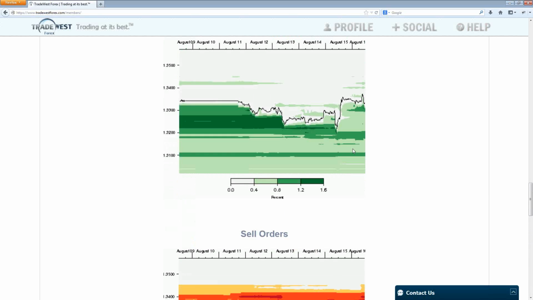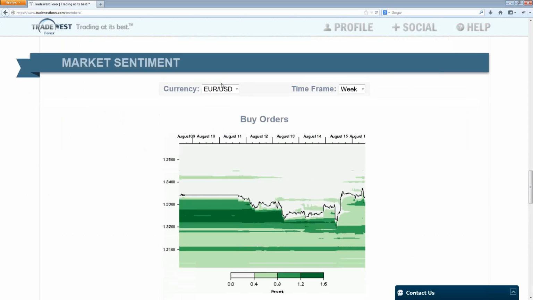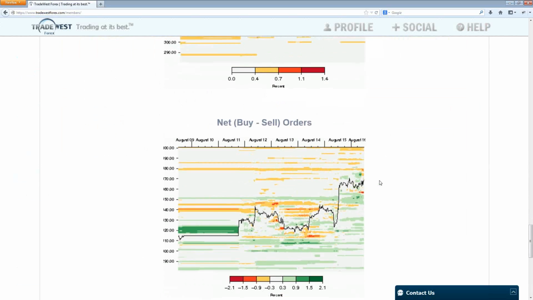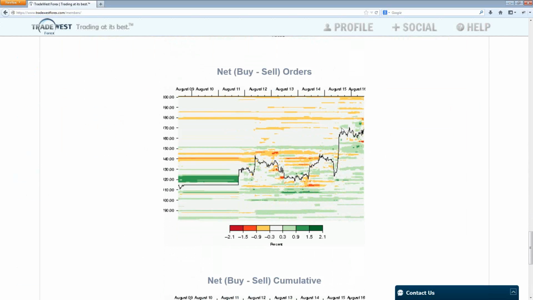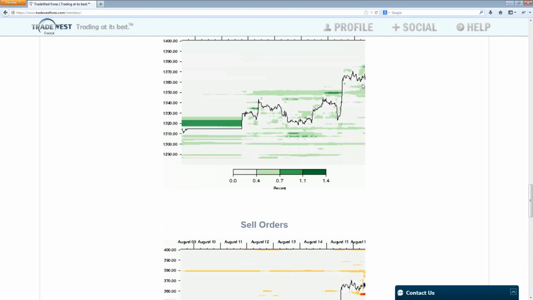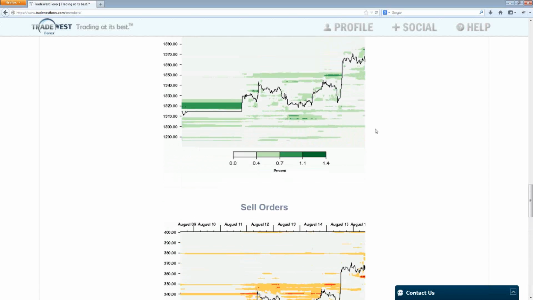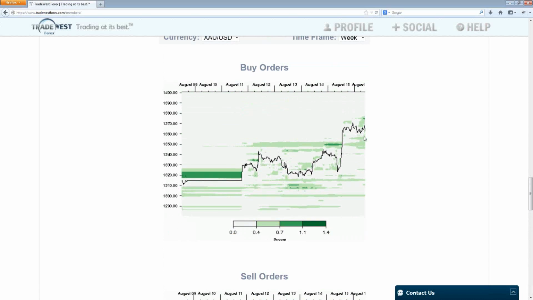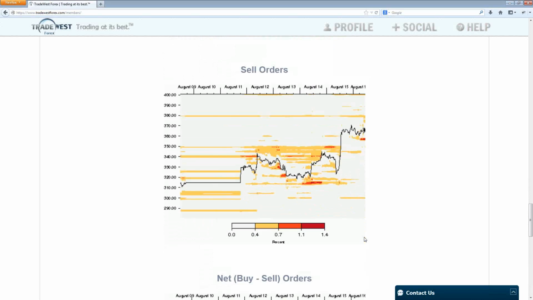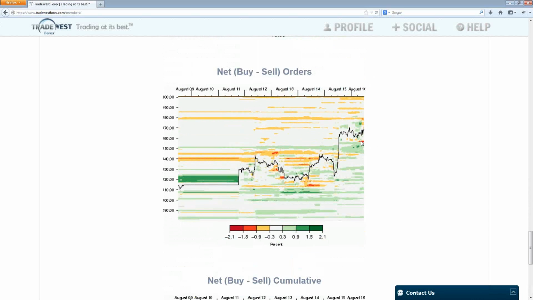But if we go to gold, for example, you'll see it's different. You'll see that there's sometimes red below and sometimes red above and green above. So what that means is, even though you're looking up here at sell orders and you're looking at buy orders, even though there's support here, it's not very strong compared to the amount of sellers, which means in the net it shows up as just the red.